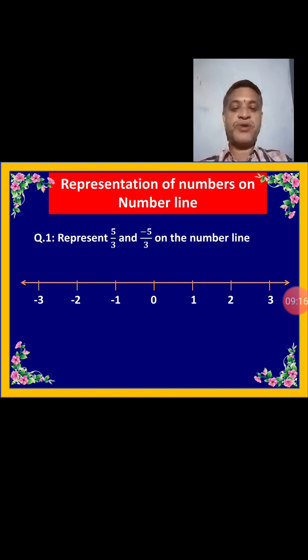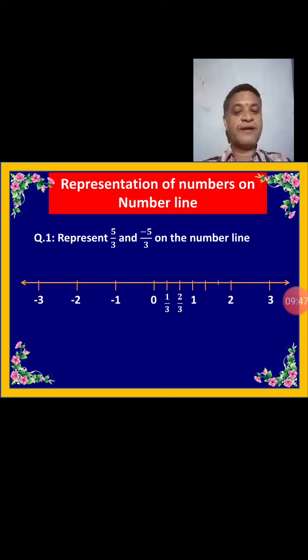If we want to divide one unit into 3 equal parts, just put two lines in between them. Now it is 3 equal parts. So the first part is 1 by 3, the second part is 2 by 3, and 1 is 3 by 3. 3 by 3 is equal to 1, isn't it?